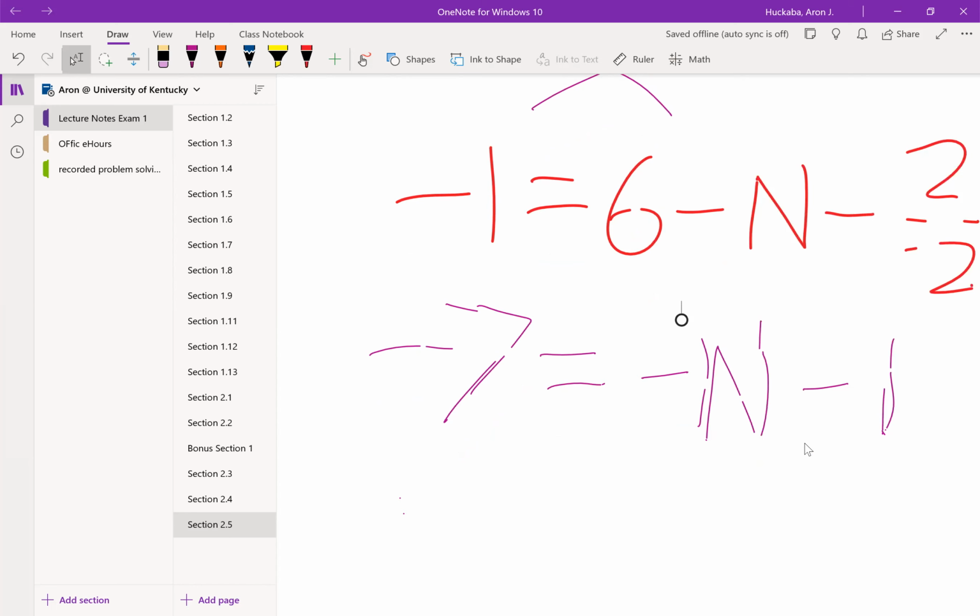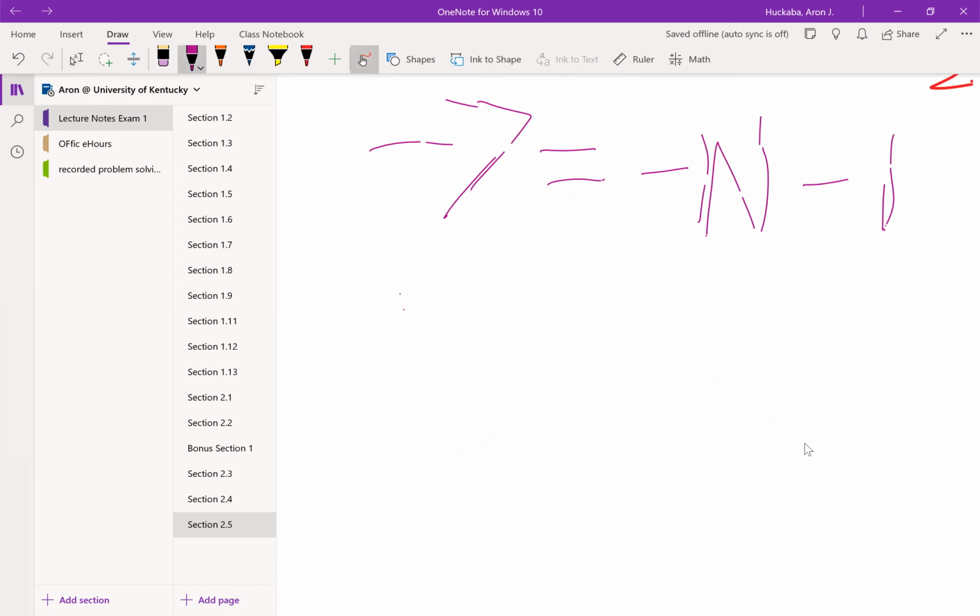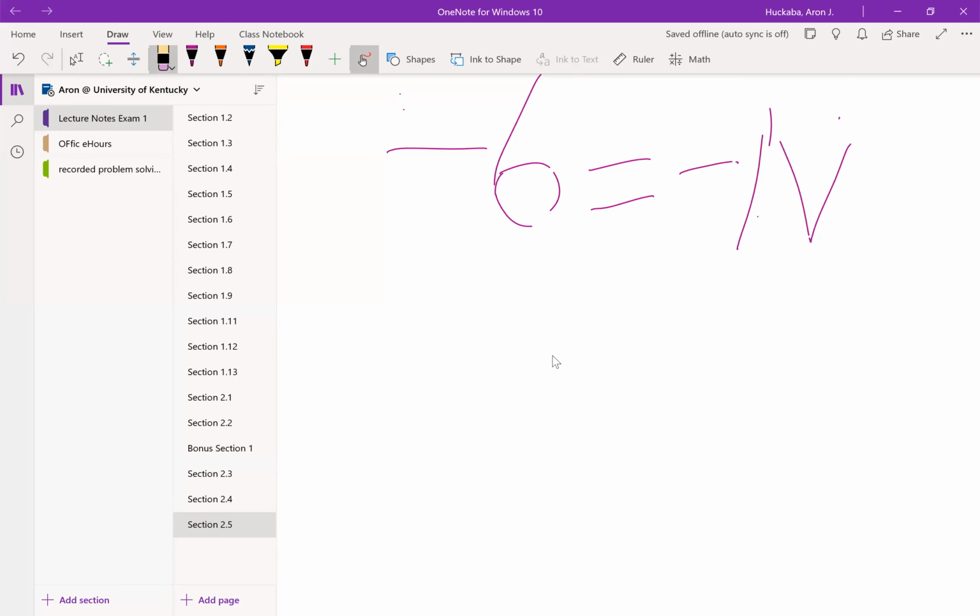And then minus 6 is equal to minus n. And from there, all we need to do is say that 6 is equal to n. All right, and that's how we solve for the lone pairs from the formal charge.